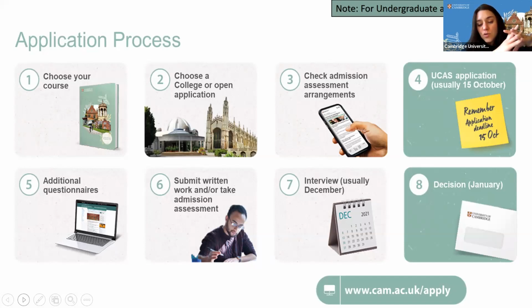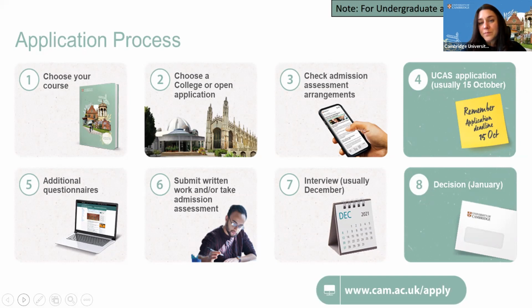So make sure that you familiarize yourself with your program and with the entry requirements, which, by the way, everything is all online in a public forum. So make sure that you visit the course website, the course web page quite often, so that you keep up to date with any assessments, any other arrangements that you need to make, so that you sign up for things in a timely fashion.